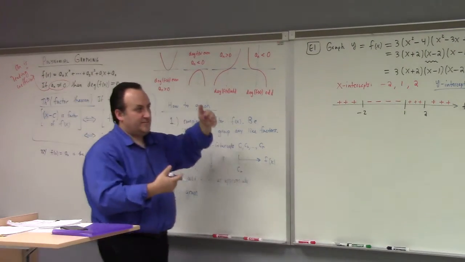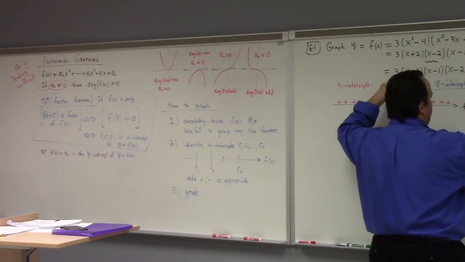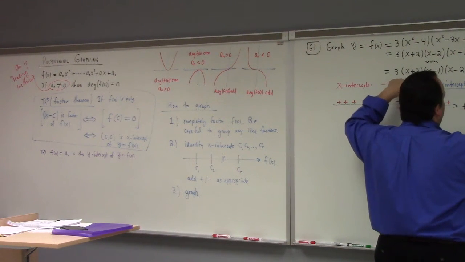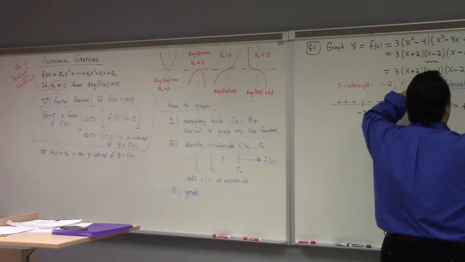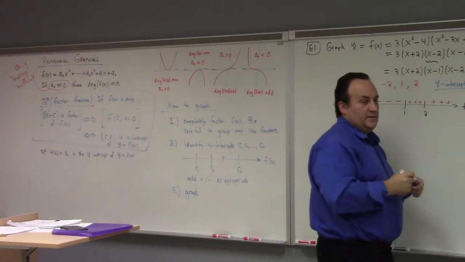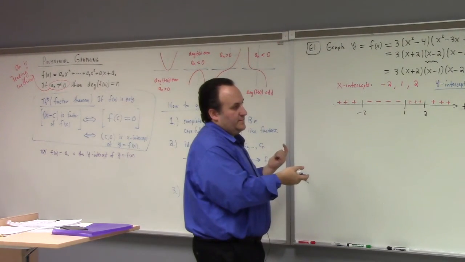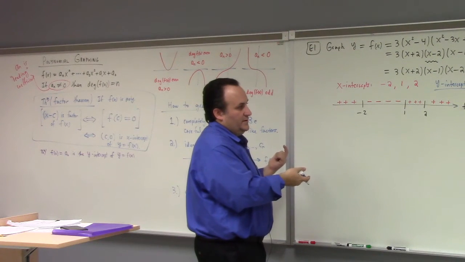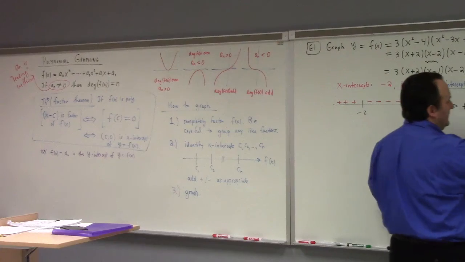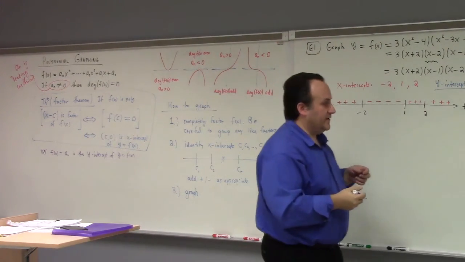I have to just plug 0 in and see what happens. That's all there is to it. So I've got 3 times 2 times minus 1 times minus 2. Careful, that's squared. So that's, what do you got? Minus 8 times 3, I think. I got a minus 24 if I did my math right. My y-intercept is minus 24.